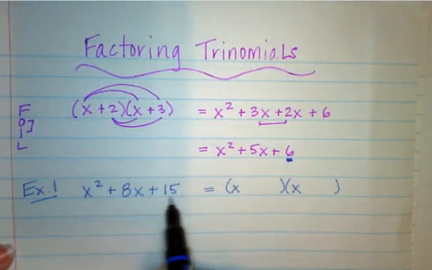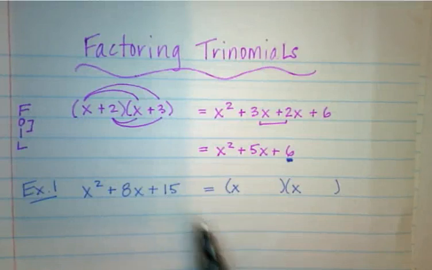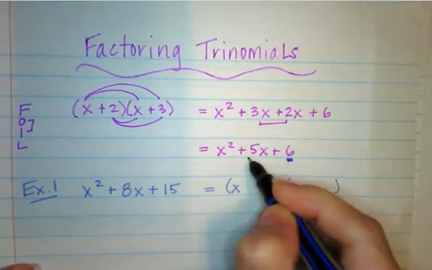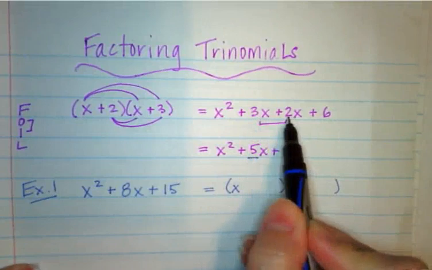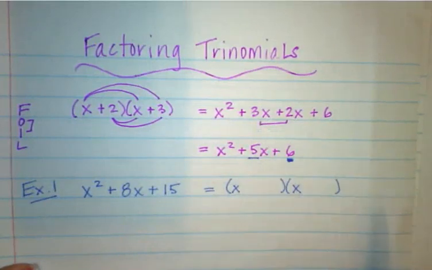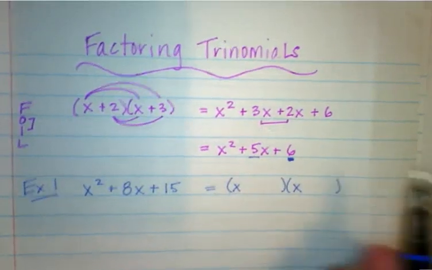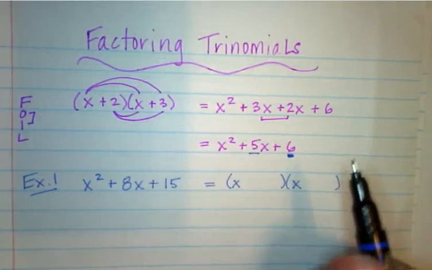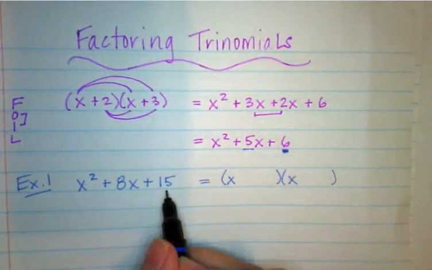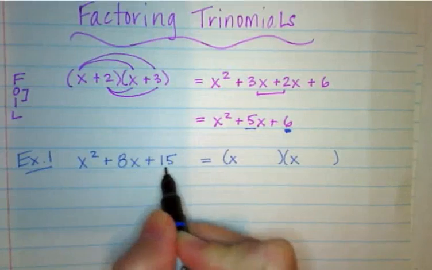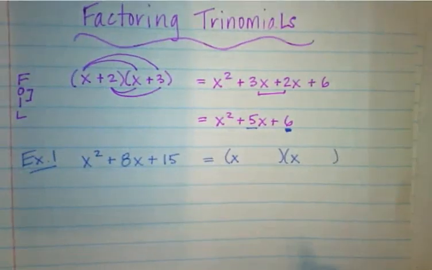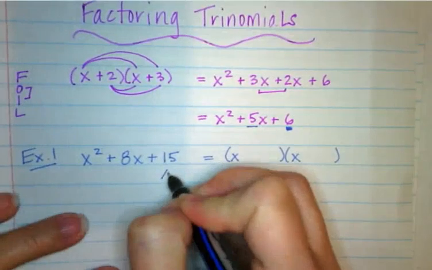So I need to think of numbers that would multiply to be 15. But then when I look at this number, I see that that came from the two middle terms added together. So in other words, what we want to look for is two numbers that add up to 8 but multiply to be 15. So normally what we do is we start here.